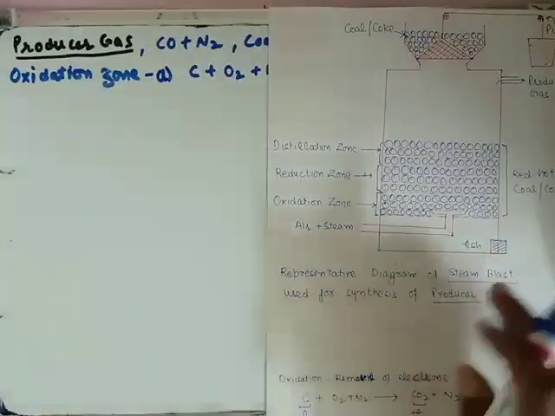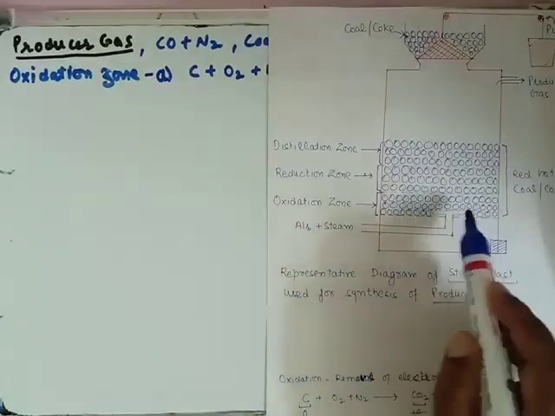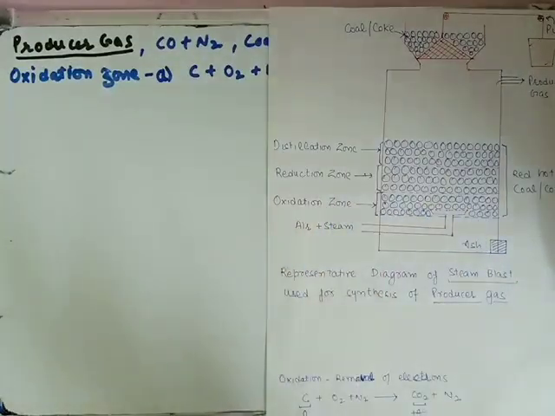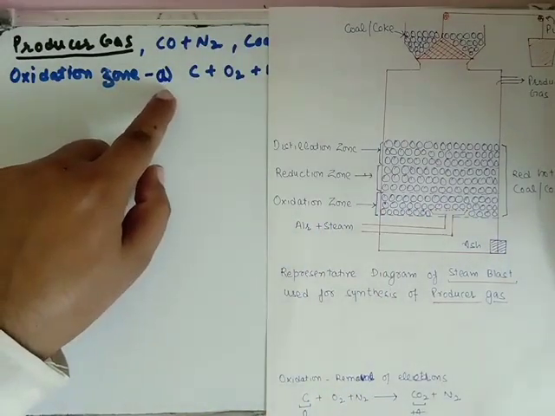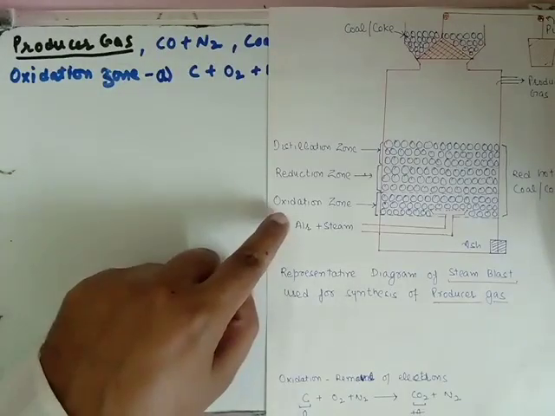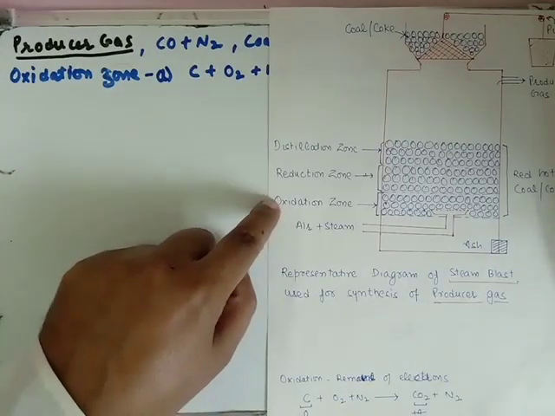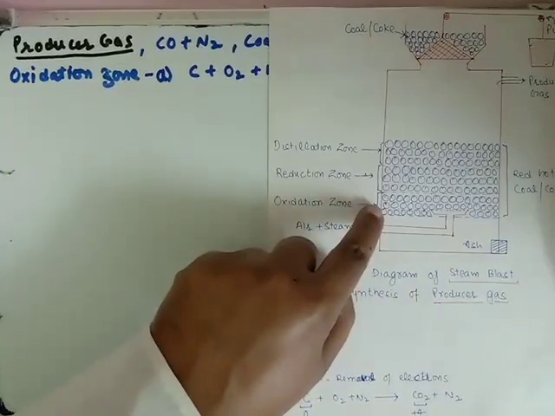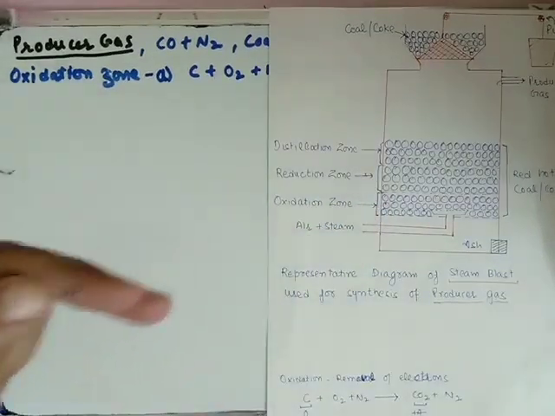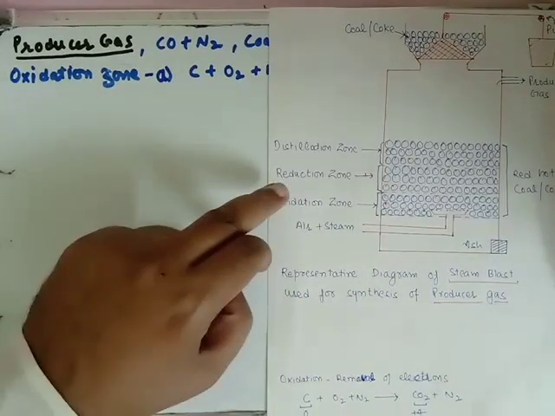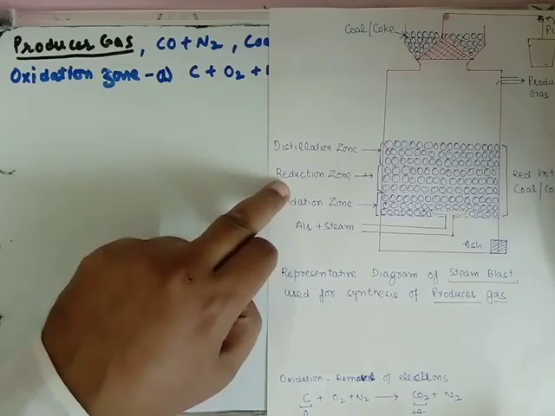Now see, this reaction, as I told you, that the burning of coal takes place in the oxidation zone, and reaction A is the only reaction which happens in this zone. Thereafter, when the temperature of system is increased up to 1000 degrees Celsius, the reactions in the reduction zone start.